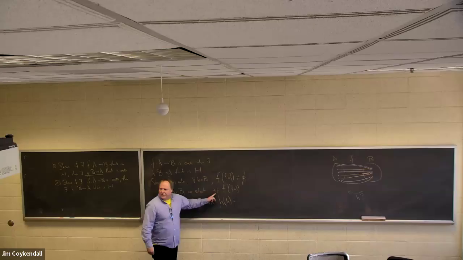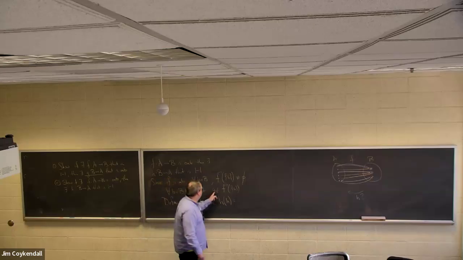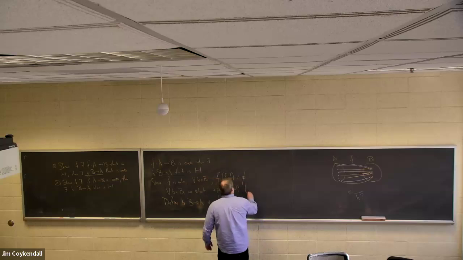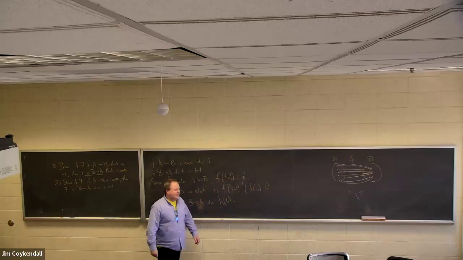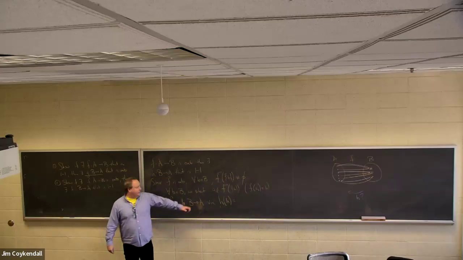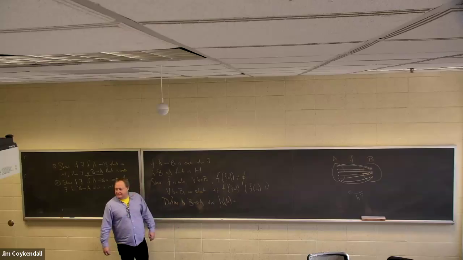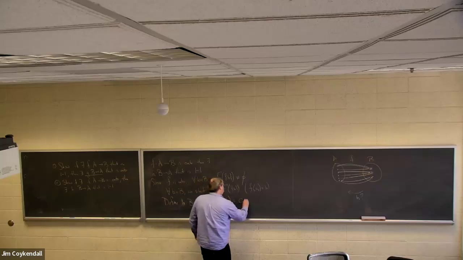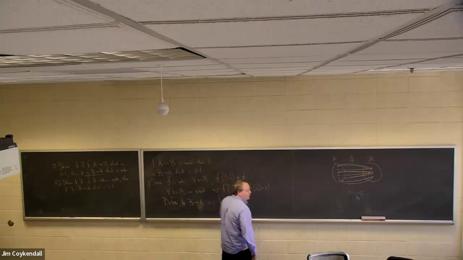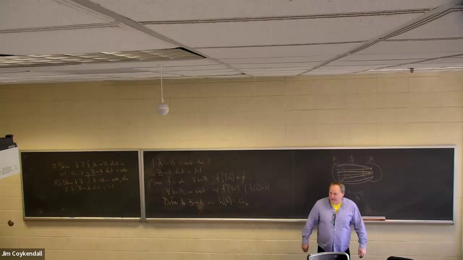I'm going to adjust this notation so that you know that this is the A that goes into B. So what this means is F of A sub B. That's right. So where does H of B go? And this is exactly what we've done.